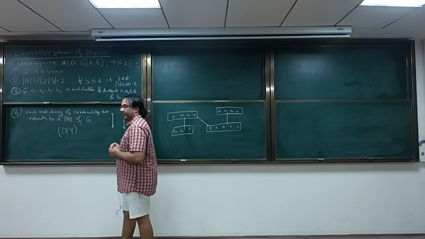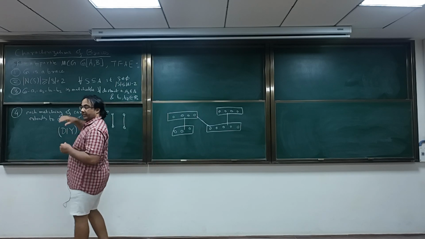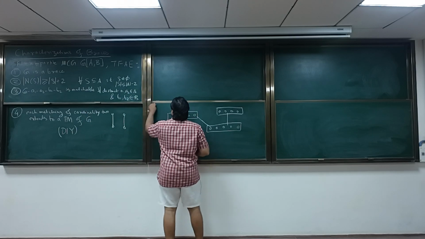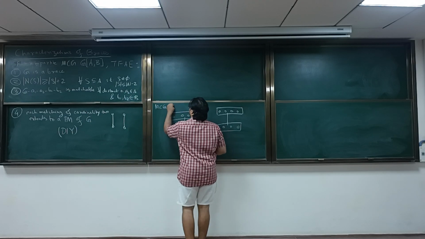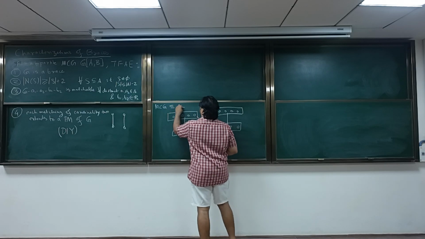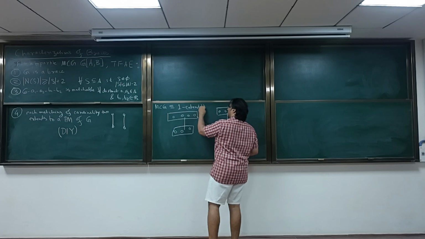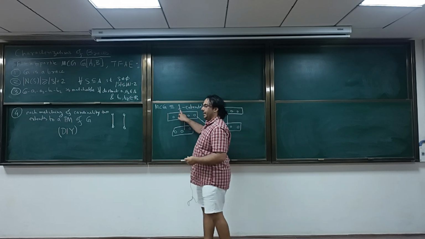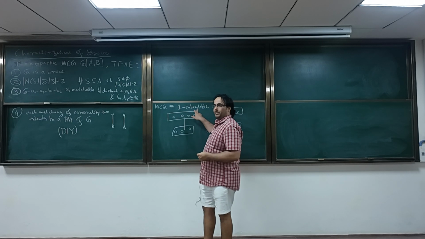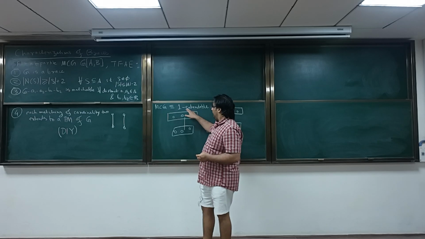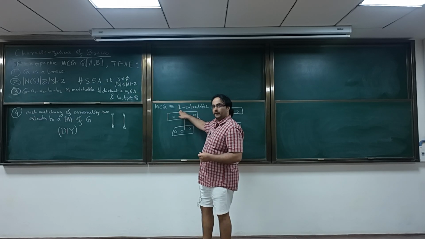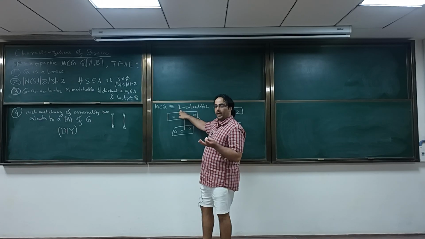One point I want to mention here is that matching covered graphs in the literature, I might have mentioned earlier, have also been called 1-extendable graphs, because every edge extends to a perfect matching. Some definitions include connected, some don't require connected.